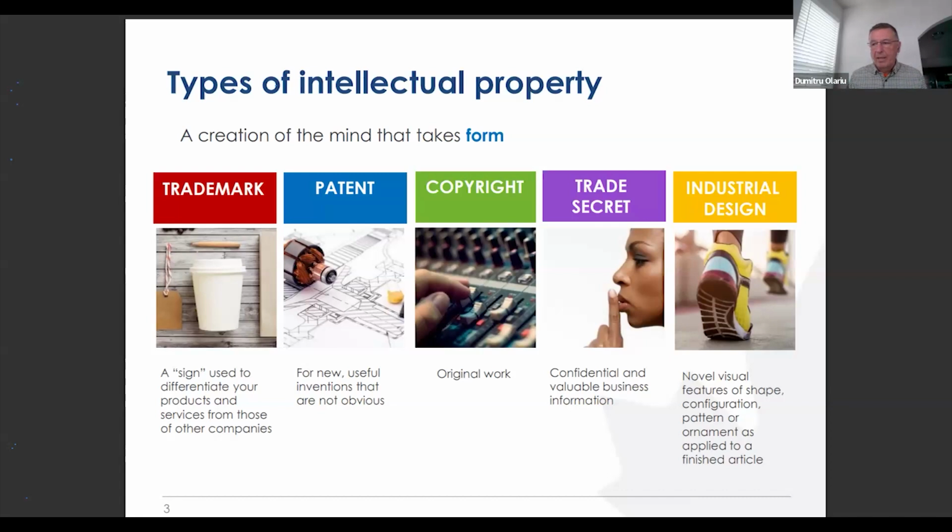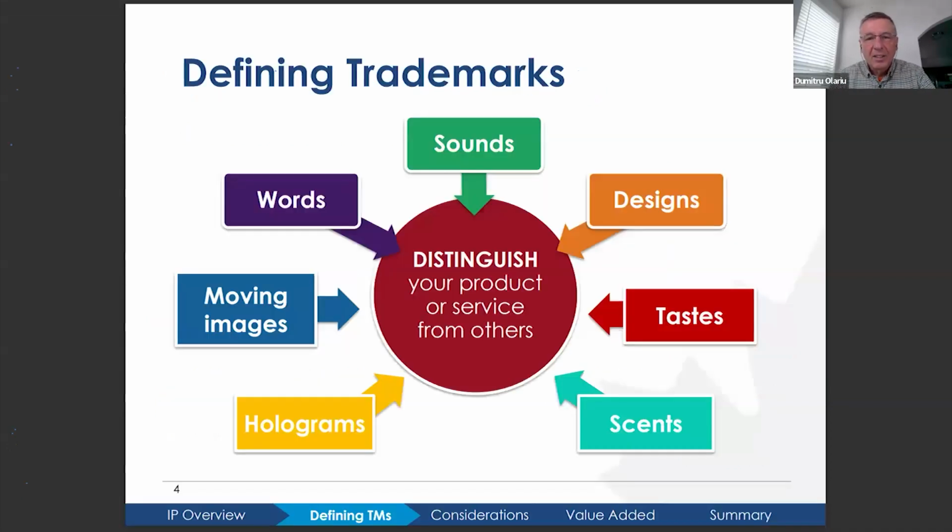Next slide, please. So in the next slide, we define trademarks. Trademarks are actually signs that define products and services of different persons.